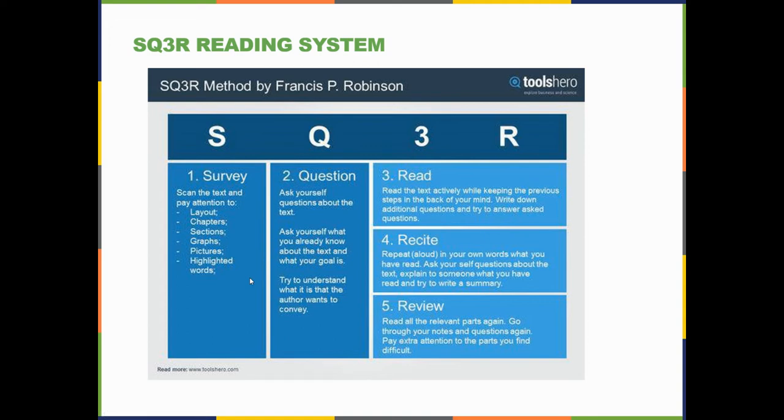Look at the layout, the chapters, the parts of the chapter. What are the pictures? What's the big picture? Because the way we as people learn is we put things together by associations. And so if you've got the big picture first, you know kind of where it goes in your brain. You know what drawer to stick it into.